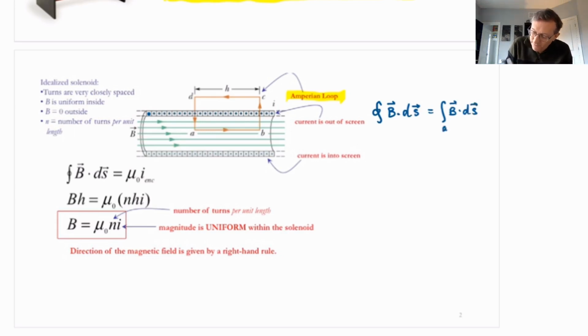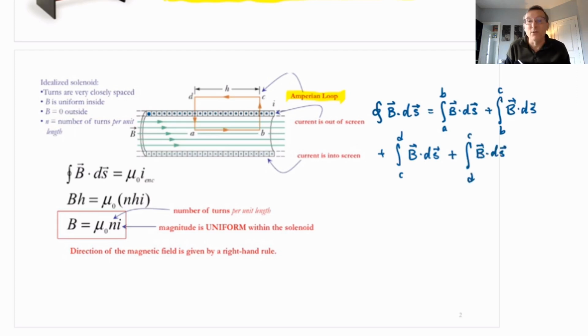So I'll have to integrate from a to b along the bottom side of the rectangle. And then I'll have to integrate B dot ds from b to c along the right side. And then I'll have to integrate B dot ds from point c to point d along the top side. And then I'll have to integrate B dot ds from d back to a along the left side. And then I will have done one complete loop.